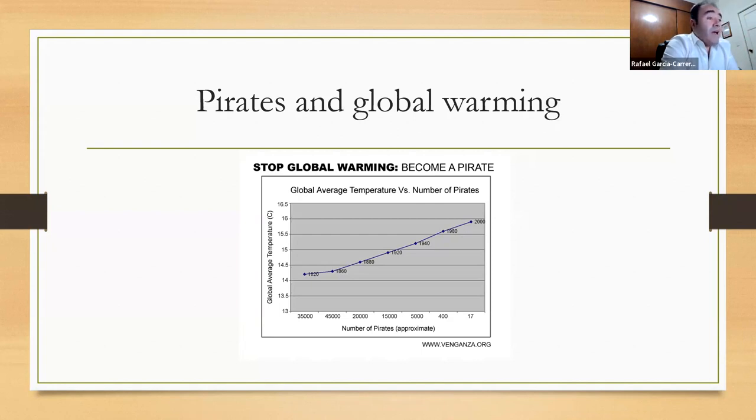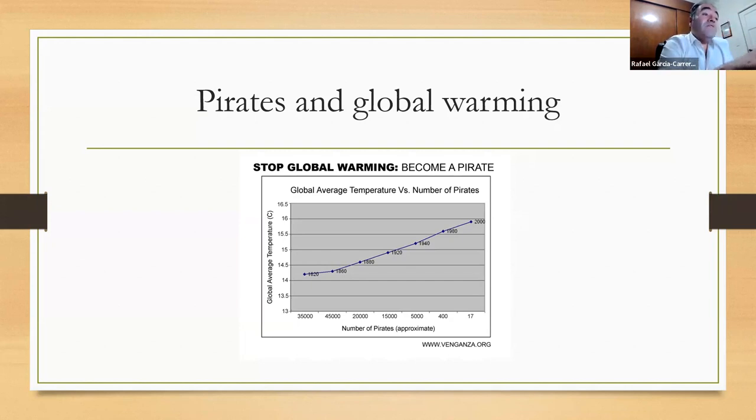And right now, or around the year 2000, there were only 17 pirates, and there was an increase in the global temperature of around 2 degrees Celsius. That would mean that the fewer pirates we have, the more global warming we present.